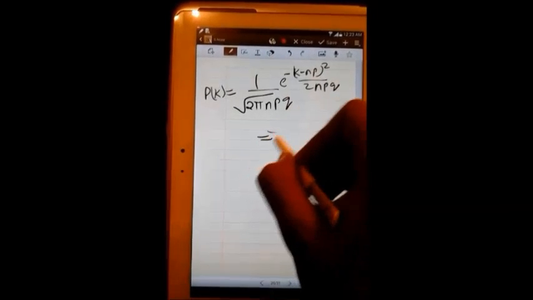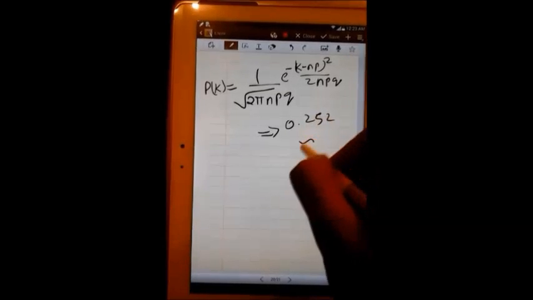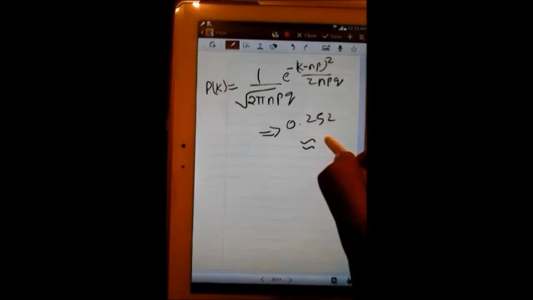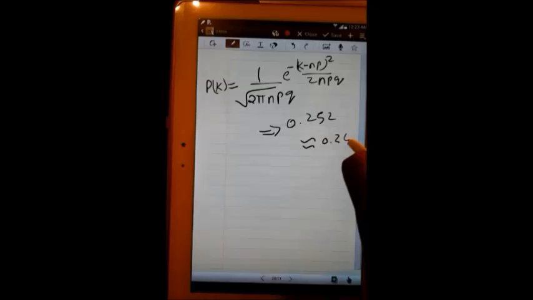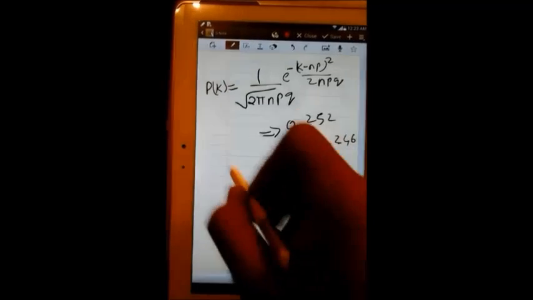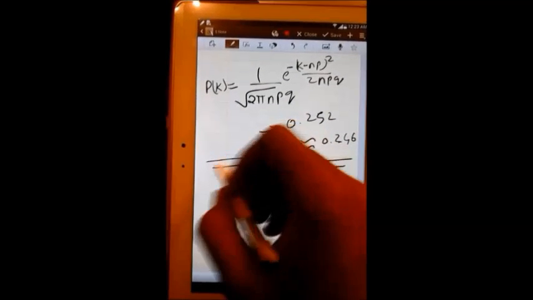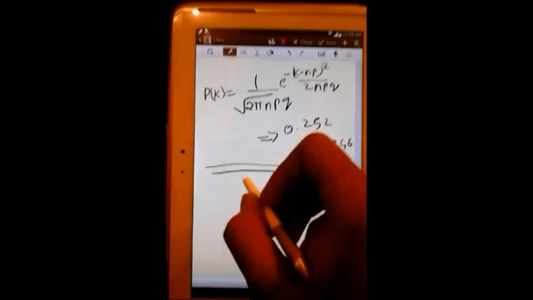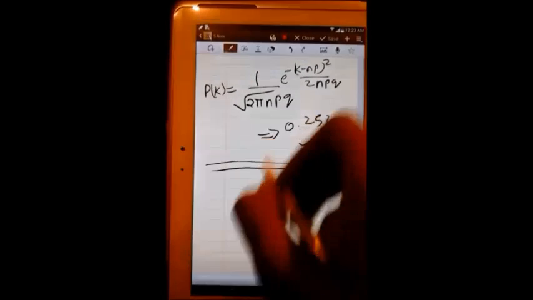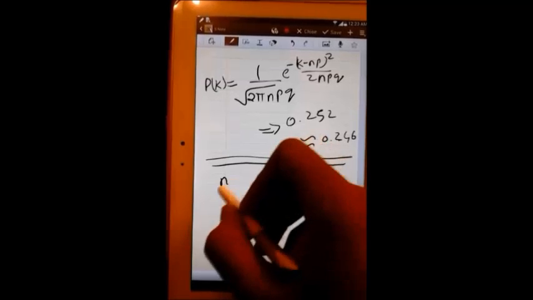Substituting the values, we get the answer as 0.252, which is much similar to the previous answer, that is 0.246, much closer. Therefore, the approximation result is much similar to the Bernoulli's trials equation result.